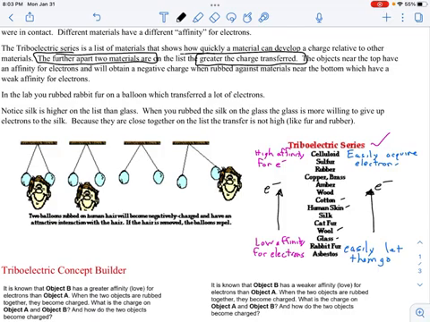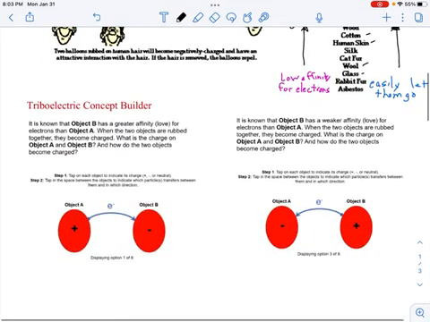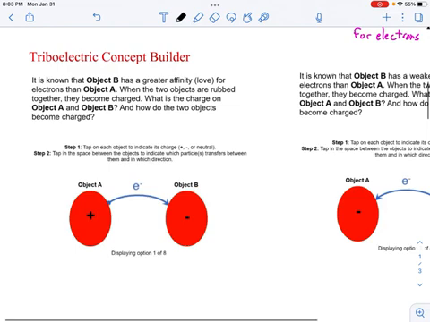So let's take a look at how we might answer some questions about this. So it is known that object B, by the way, what you'll see here is the answer already given, and I'm just explaining how, when you click on that object, how to select the right choice. So object B has a greater affinity for electrons, okay?